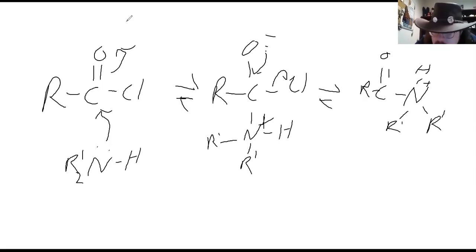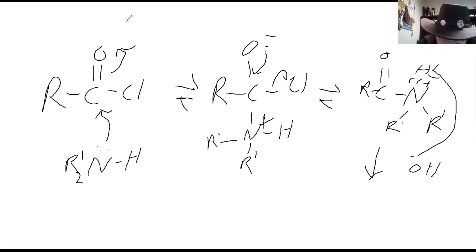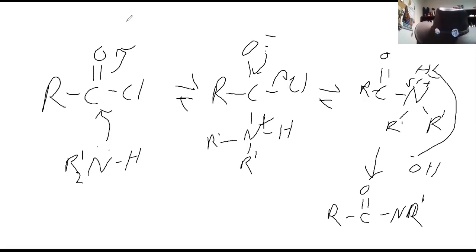And then, of course, we use our base, just say OH minus, or maybe another amine or whatever. It's just going to grab that hydrogen down, and now we have our amide. As I said, it's not particularly difficult or different from our basic mechanism.